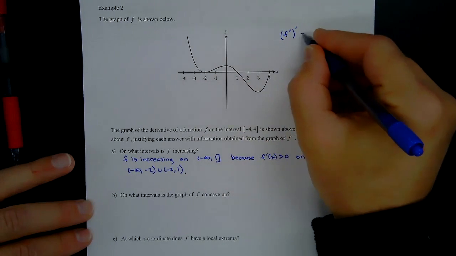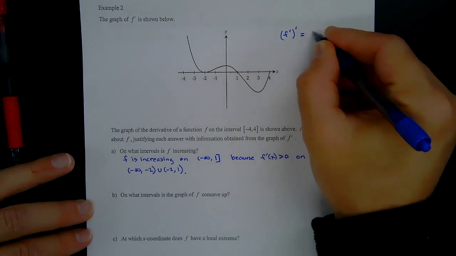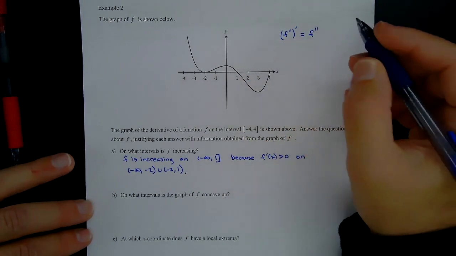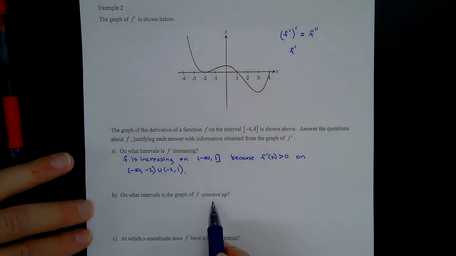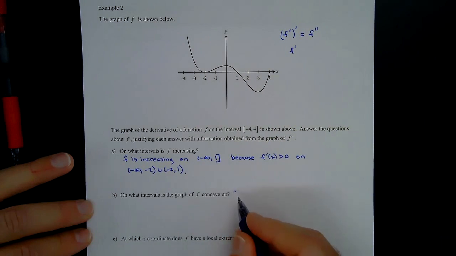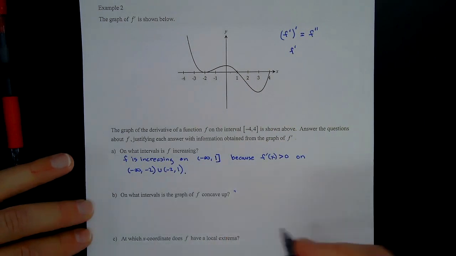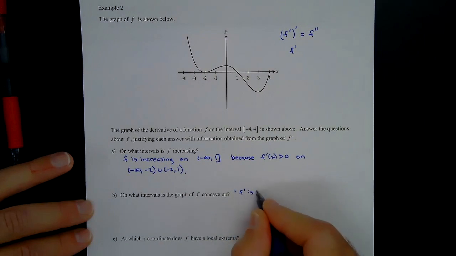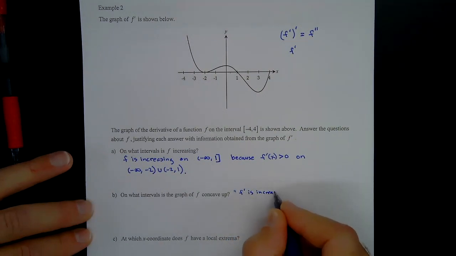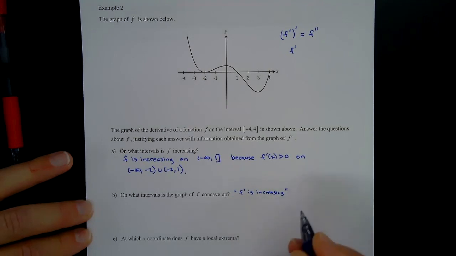So f prime is actually f double prime. And for concave up, we'd be looking for where f prime is increasing, to determine the concave up.